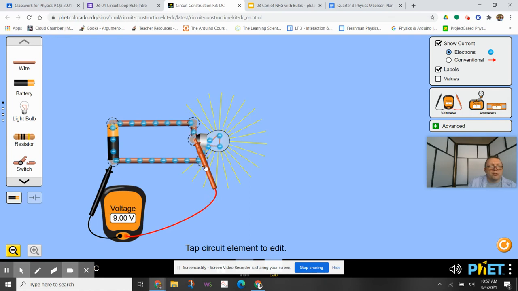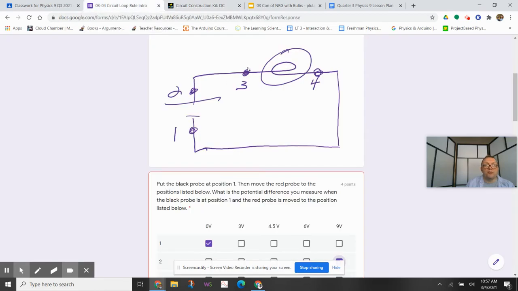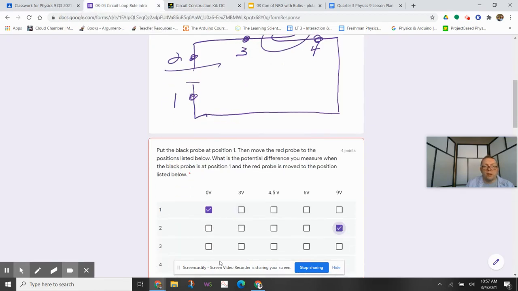If I put it here, just before the bulb, we see that our electric potential is still 9 volts. That tells us that this wire did not use any electric potential. That's what I was saying earlier, it's like a really good super tube for charges to flow. So at position 3, the electric potential is still 9 volts.